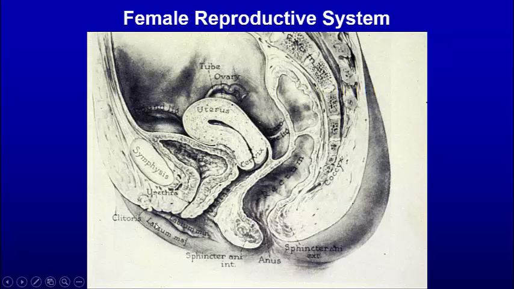Here we see the female reproductive tract. You got the labia majora, and here we see the vagina, cervix, uterus. Here we have the tubes and the ovaries sitting right here.